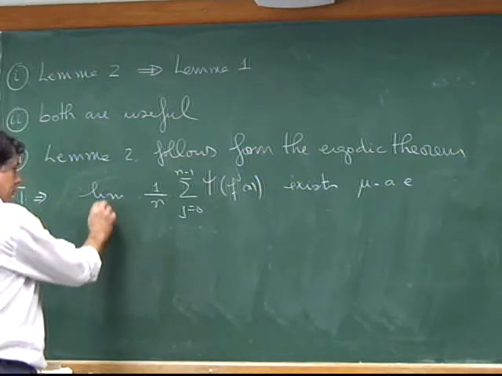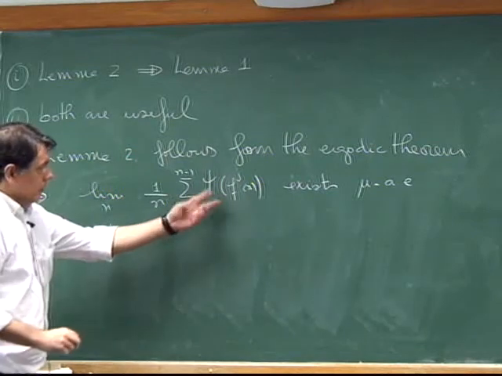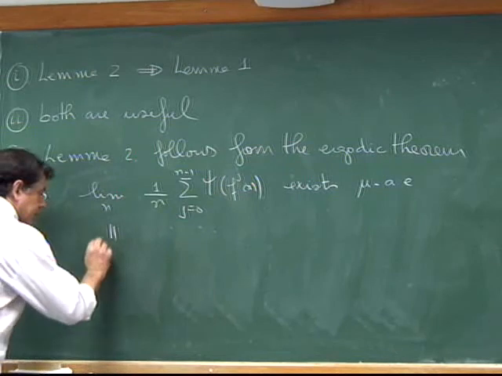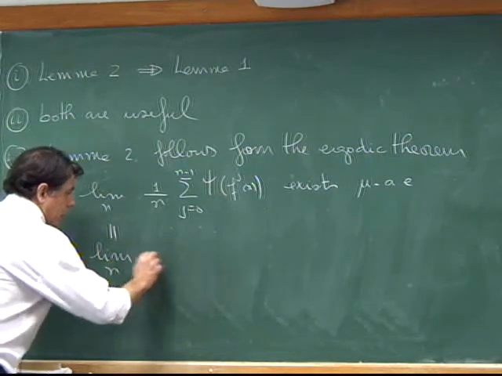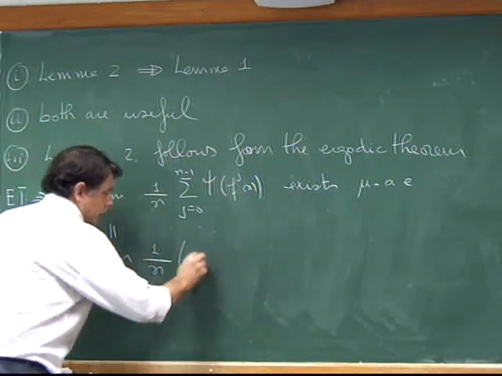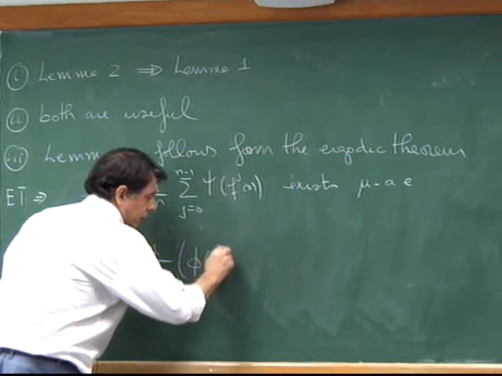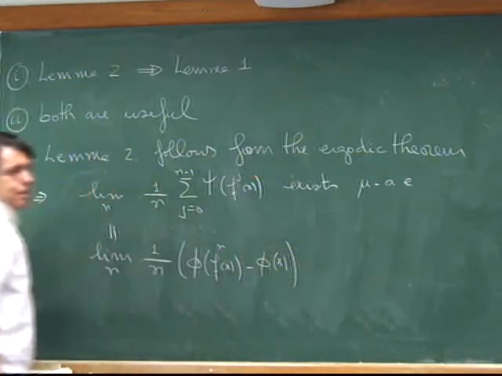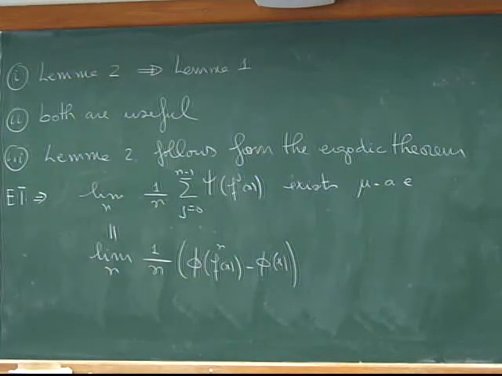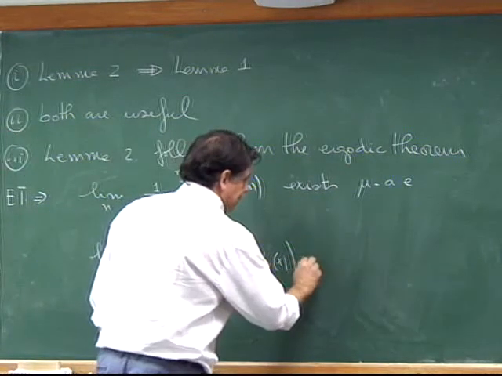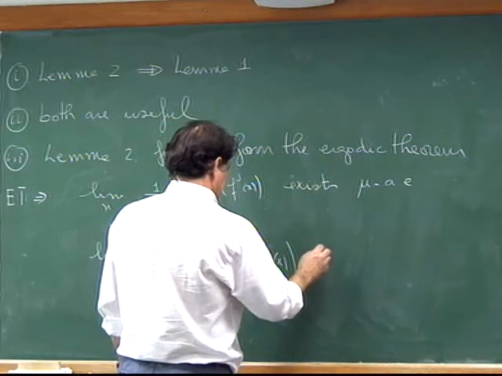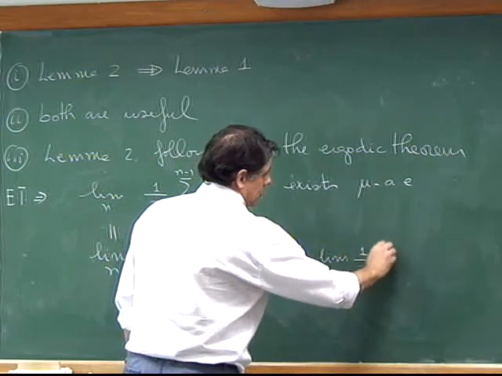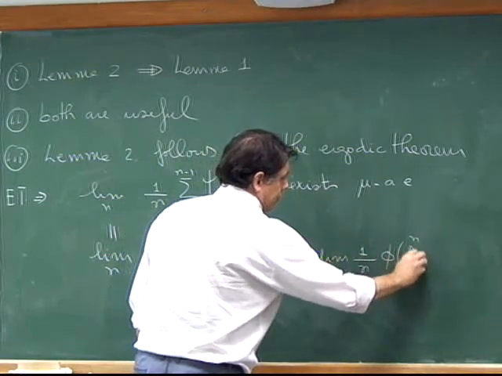But this limit, by the telescopic property, is the same thing as the limit of 1 over n, phi composed with f^n of x minus phi of x. And this is the limit of 1 over n phi f^n of x.